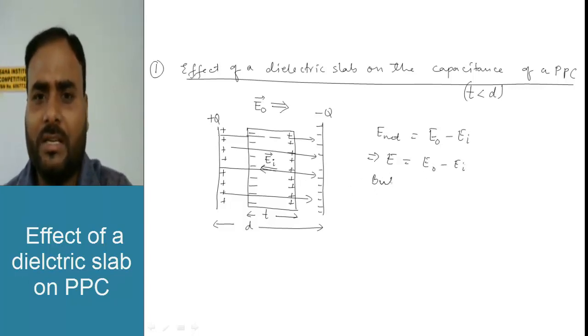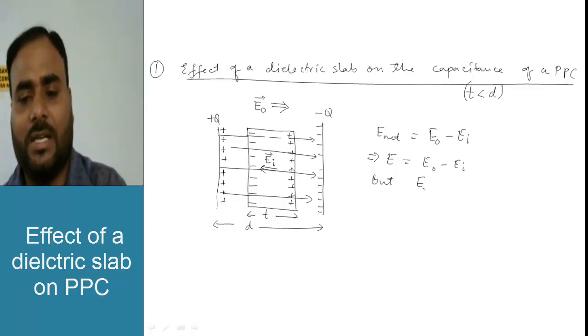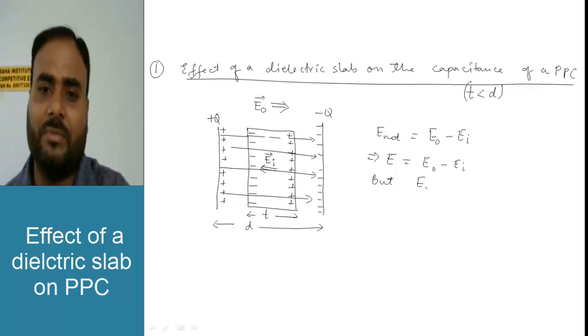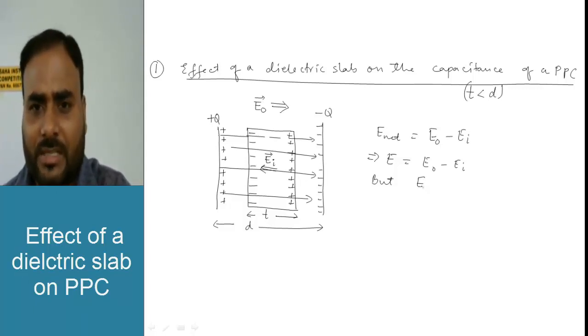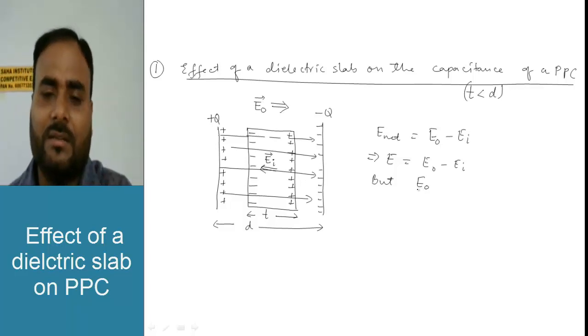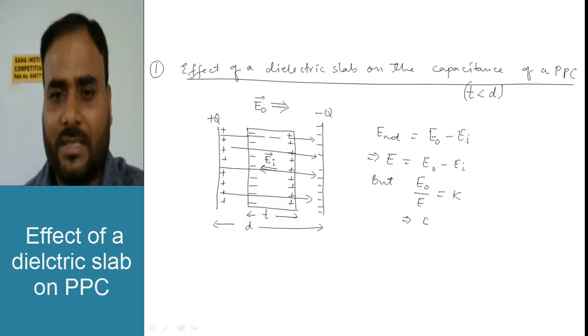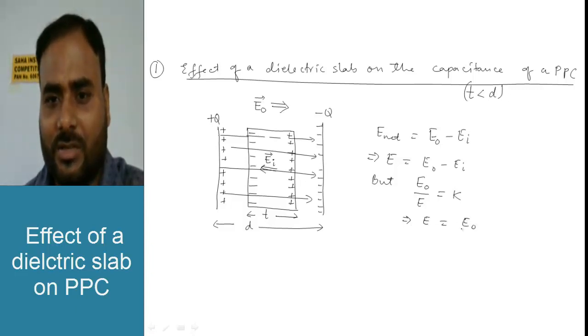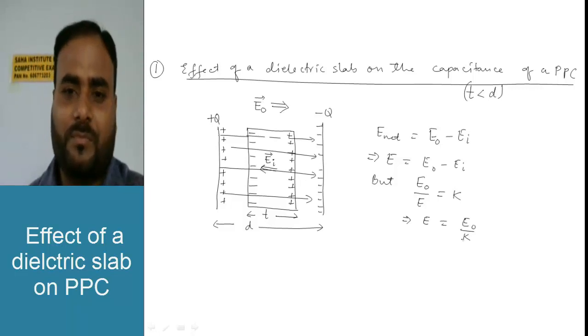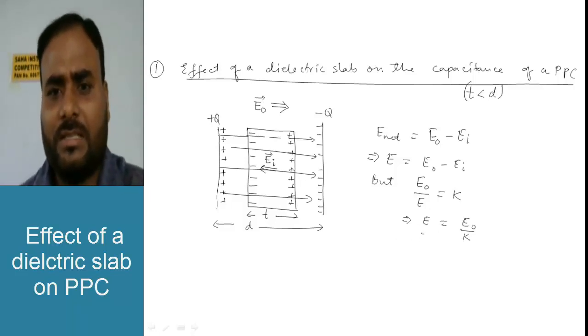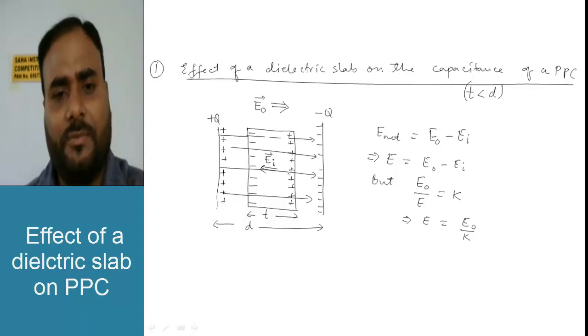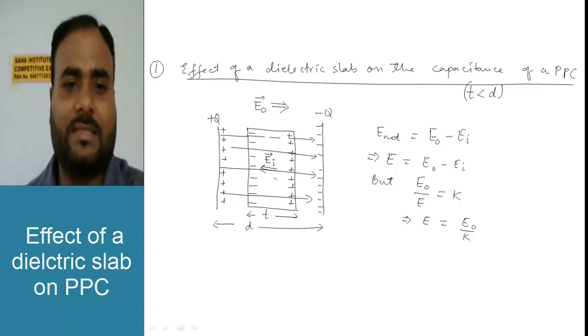But one thing is known from the definition of the dielectric constant, or relative permittivity, that the ratio of the electric field in free space to the electric field in that medium equals K. It means E equals E naught over K. You can understand it like this also, that the net electric field inside the slab has decreased.